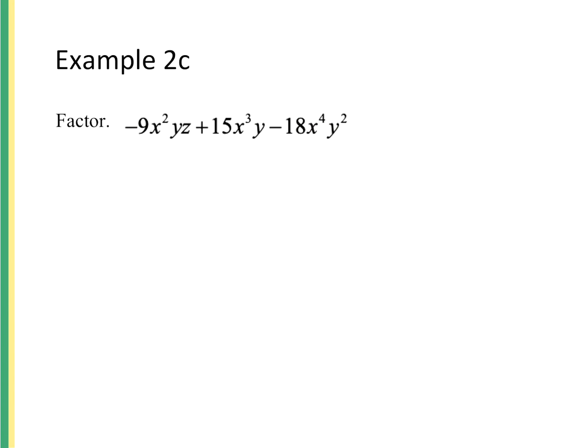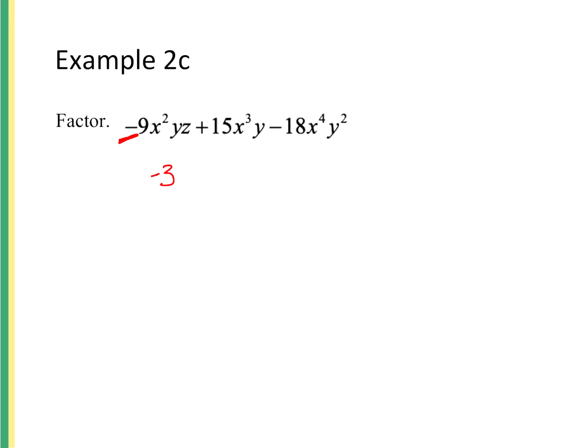How are we doing? Good so far? All right, here's another one. More this time. We have 3 that we have to look at. What goes into -9, 15, and -18? 3. The difference here is this. If this first number is negative, we're going to factor out a -3. Only if the first one's negative. What about my variables?